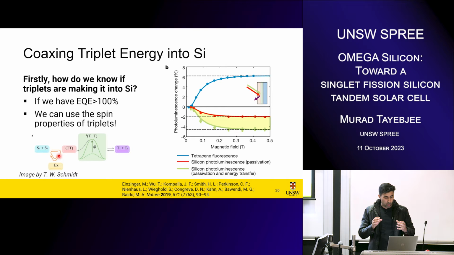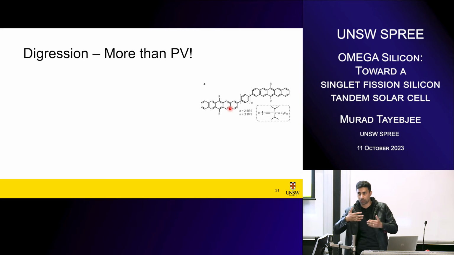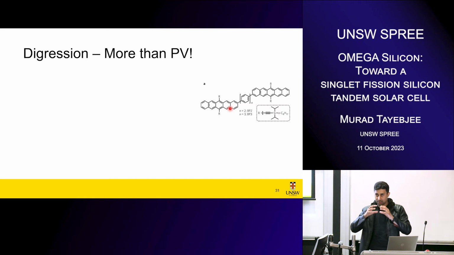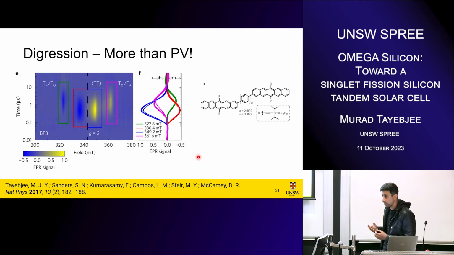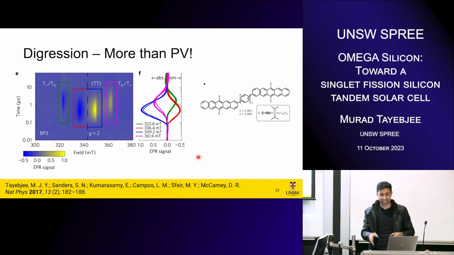So we designed a molecule a while ago that would trap our triplets next to each other, and the fact that you have this nice benzene ring means that the triplets will be very well coupled for a long period of time, and they remain coupled so long that the spin singlet was actually able to evolve into what we call a spin quintet. So instead of your triplets having spins like this, the spins were like this, okay? And that has absolutely no use for PV, but it was really interesting and it was an exciting result that we didn't completely understand.